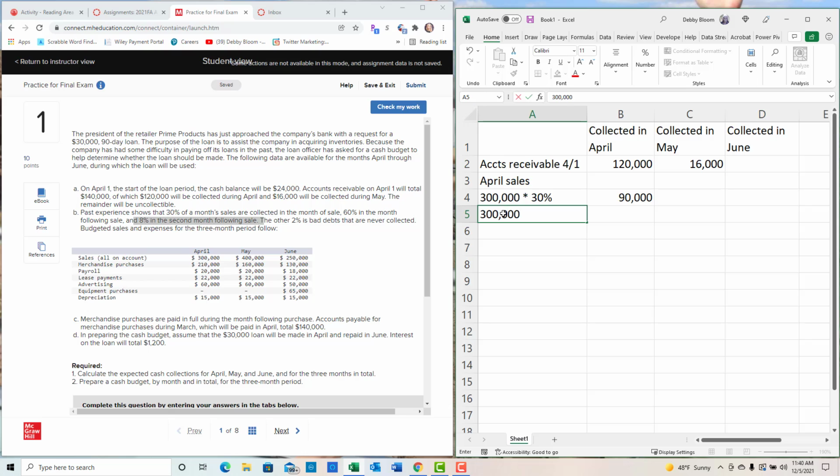Since our April sales are $300,000, 300,000 multiplied by 30% is what's going to be collected in April. $300,000 times 60% is what's going to be collected in May. And finally, 300,000 multiplied by 8% is what's going to be collected in June.